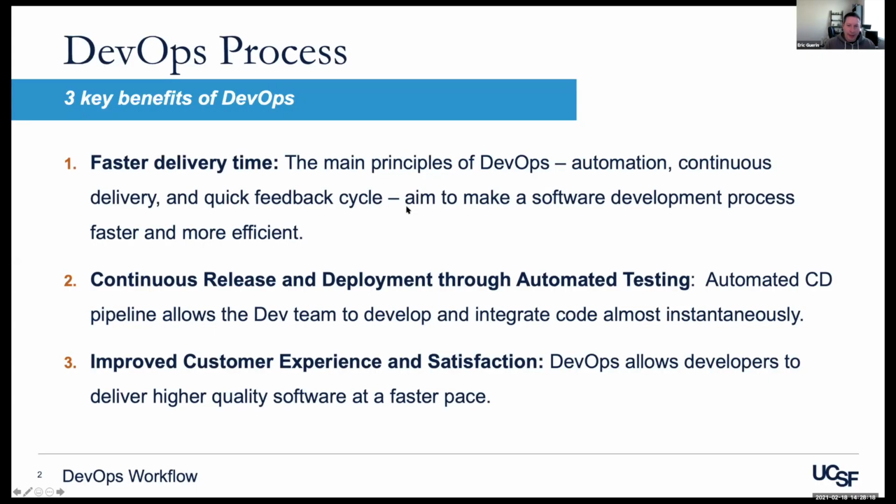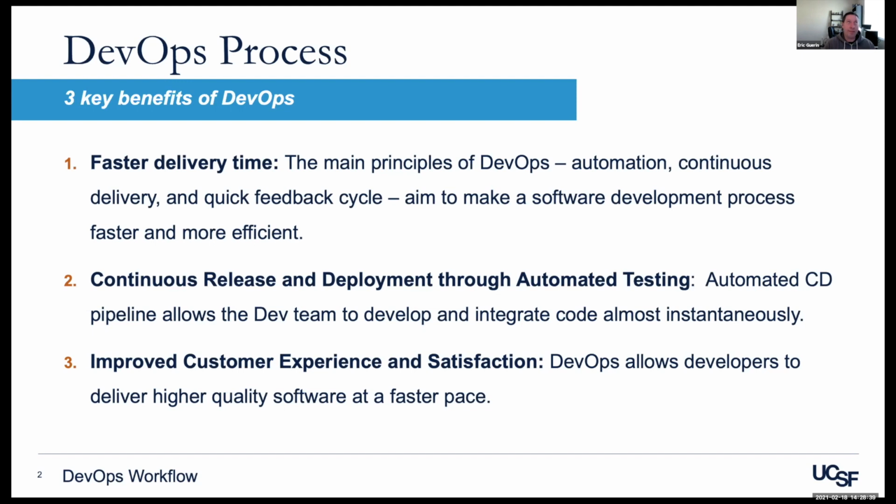Obviously, we are building DevOps at UCSF to make it easier to develop, and that gives us faster delivery, and it aims to make things more efficient for us. Part of that process is doing a lot of automated testing.